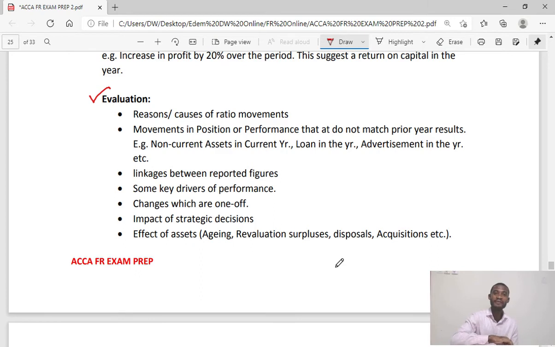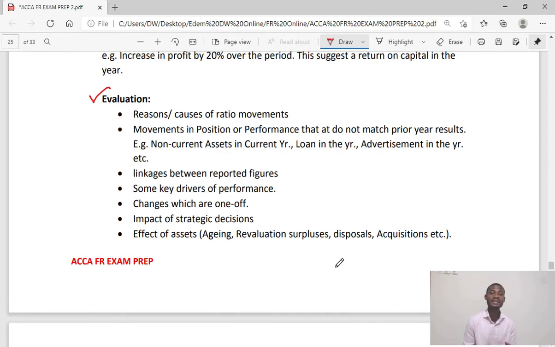So you would have to exclude the impact of the revaluation. So it means that within the same evaluation, you are calculating another ratio, excluding the revaluation surplus. So you are doing an analysis, you are doing an evaluation.